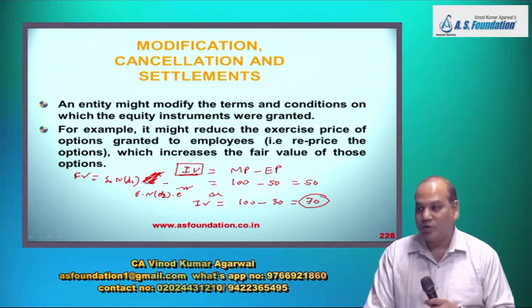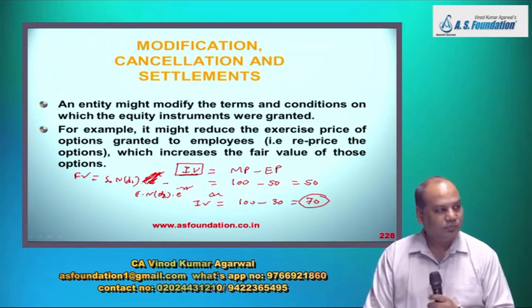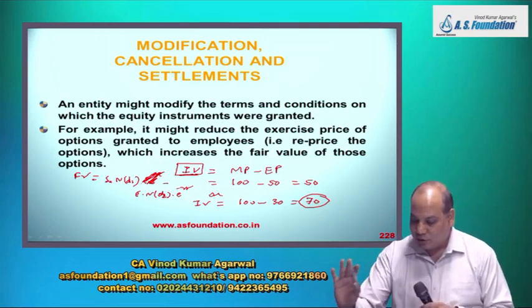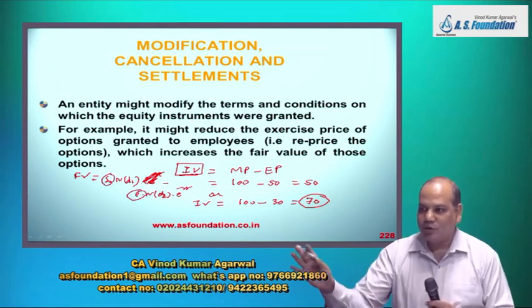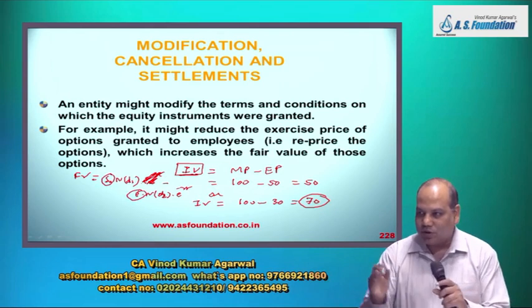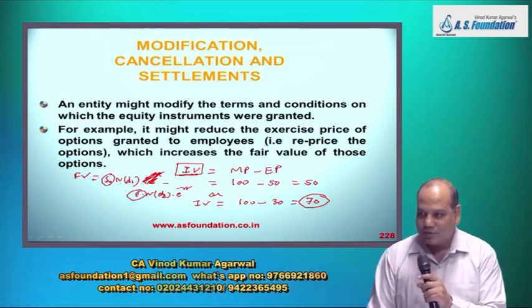So most of you have not understood, unless you have read the Black and Scholes model. Even if you have not understood, S minus E you have understood, rest all you forget. S means share price, E is exercise price.